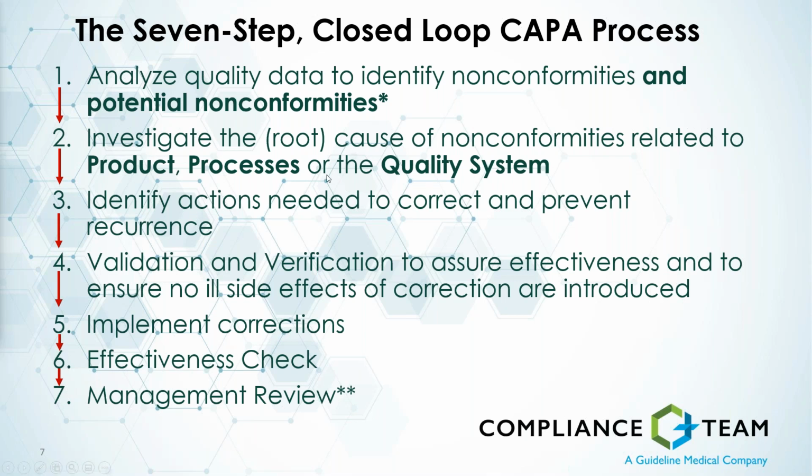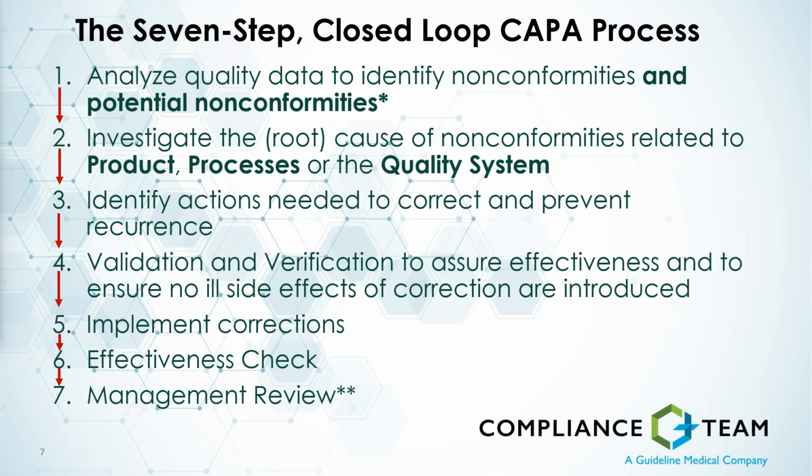And for that, when you see that you have a systemic problem, you're going to investigate that to the root cause. And it'll either be to the product, the process, or the quality system. Yes, you can CAPA your quality system as well. And then you identify those actions needed to prevent that recurrence.